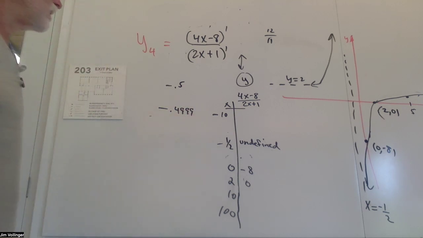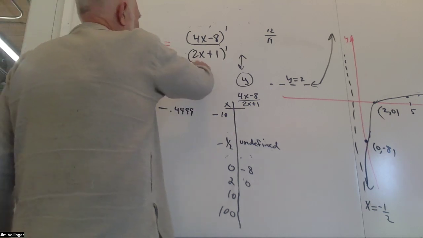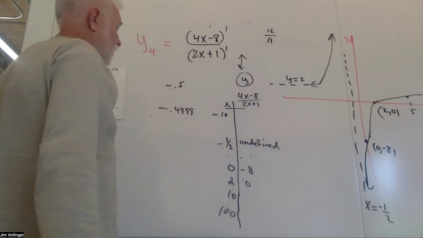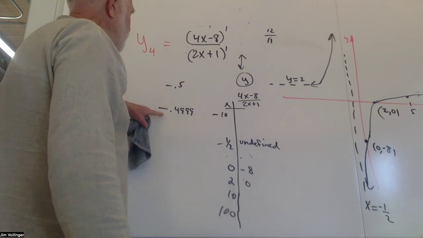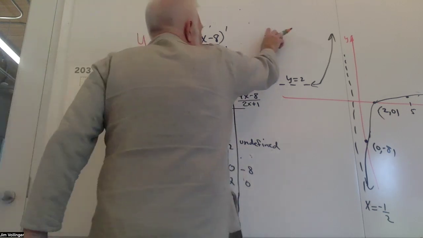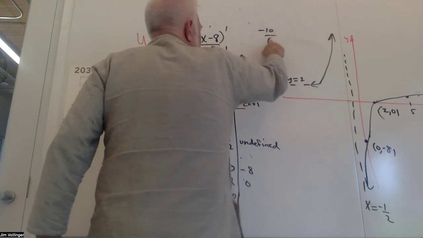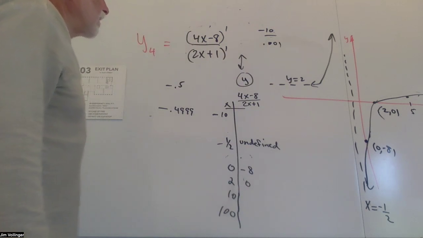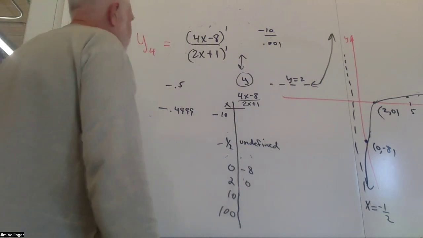That's going to give us what? That's going to give us a positive or a negative number here. It's going to give us, I believe, a positive. And if I put in negative 1/2-ish here, I'm near negative 10. I've got a 0.001 kind of thing I'm creating, and it's negative, I think I said.